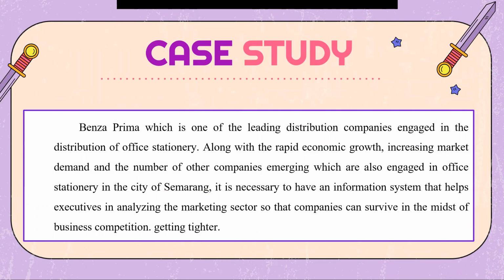Benza Prima is one of the leading distribution companies engaged in the distribution of office stationery. Along with rapid economic growth, increasing market demand and a number of other companies emerging which are also engaged in office stationery in the city of Semarang, it is necessary to have an information system that helps executives in analyzing the marketing sector so that companies can survive in the midst of business competition getting tighter.